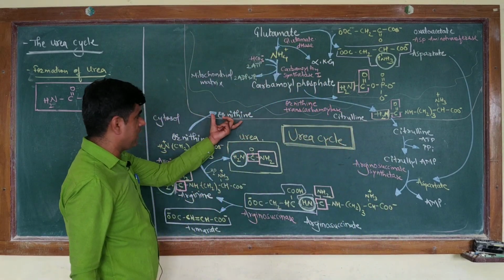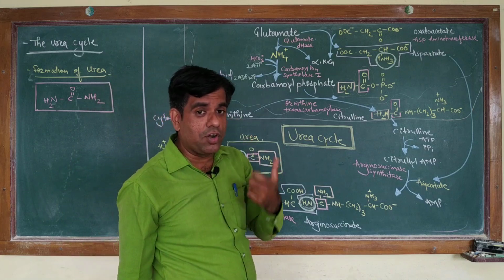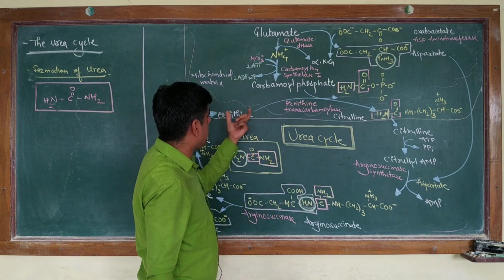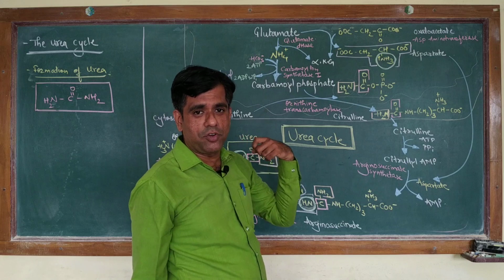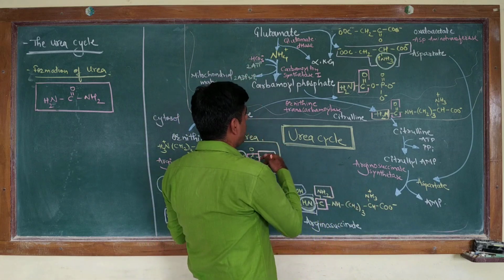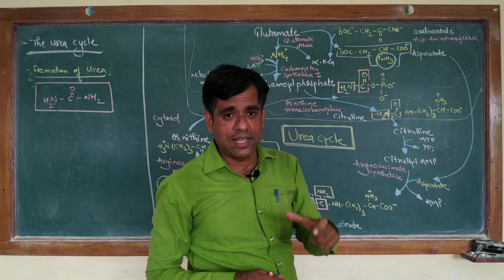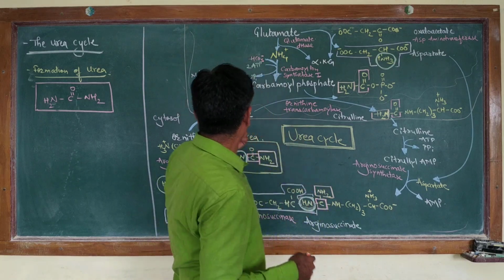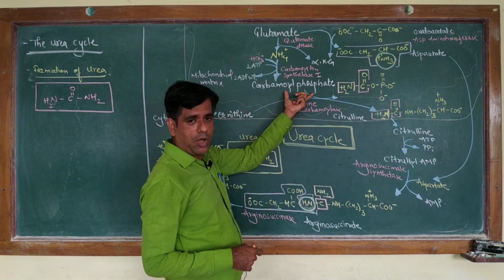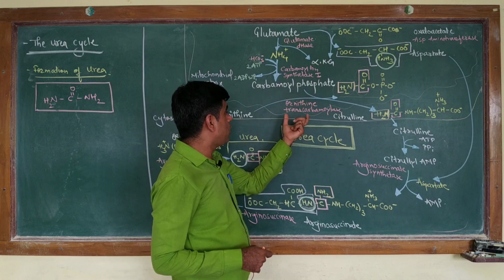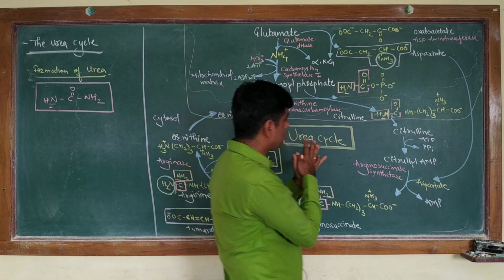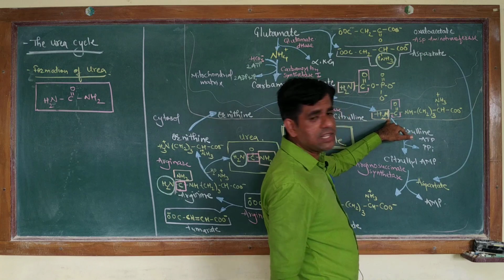The ornithine present in the mitochondrial matrix acts as the acceptor of this carbamoyl phosphate group, in a reaction catalyzed by ornithine transcarbamoylase. So in the first step, ornithine along with carbamoyl phosphate combine to form citrulline.